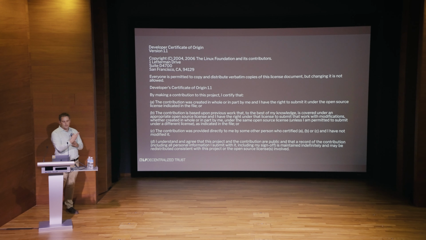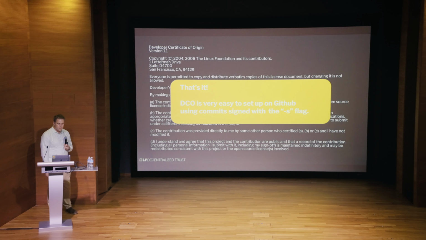Just to show you, this is what the DCO looks like. You don't need to read it all, but it's really that simple. It has GitHub integration, so you just sign your commits with a -s flag, and that's it. It's really, really easy.